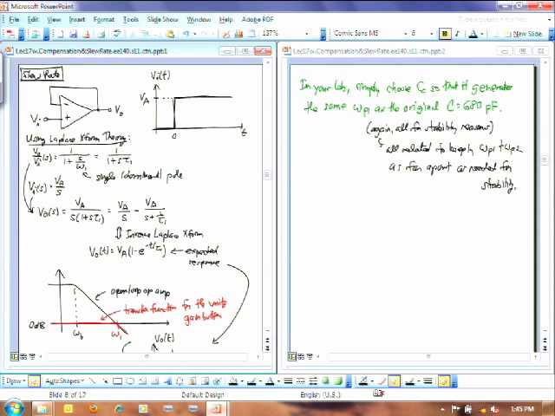So that's what I'm doing right here. To get my output voltage in the frequency domain, V naught of S, that's V sub A over S times all of this stuff. I can factor these two out, and then do an inverse Laplace transform, which gives me an output voltage in the time domain equal to V sub A times 1 minus e to the minus t over tau 1.